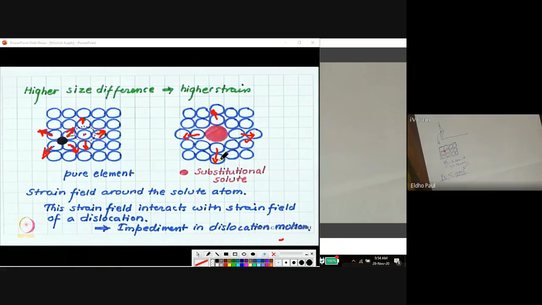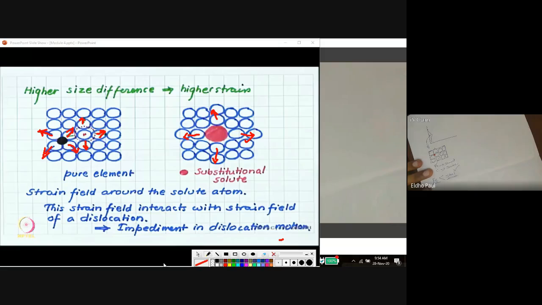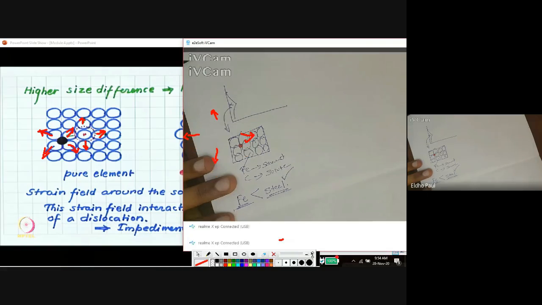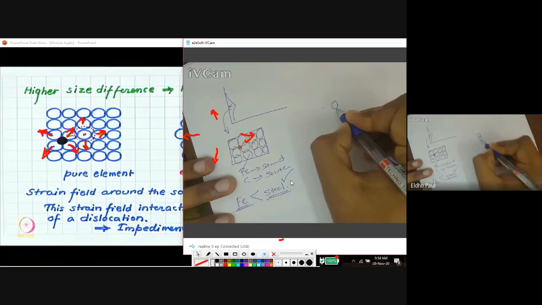So here, in the case of edge dislocation, for example, here we have an edge dislocation.